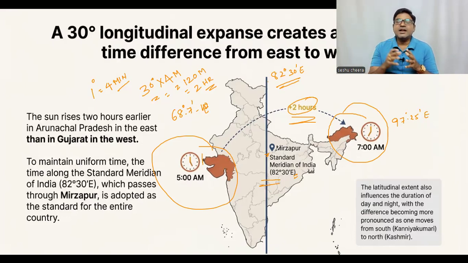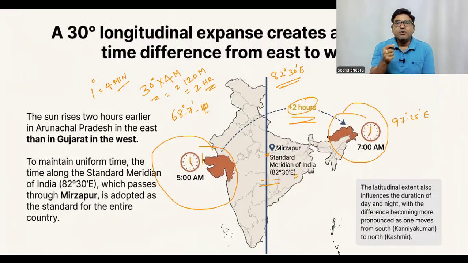The reason is that we have taken a uniform standard meridian and adopted it as a strict timeline for the entire country to avoid any further confusion. Similarly, the latitudinal extent also influences the duration of the day and also the night.